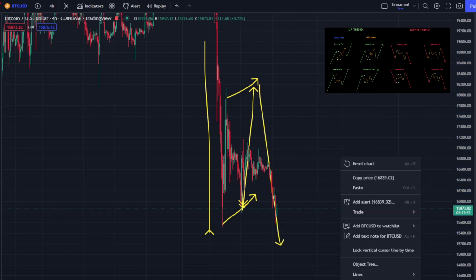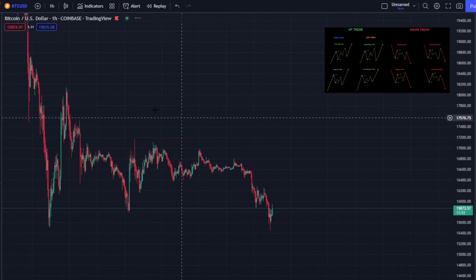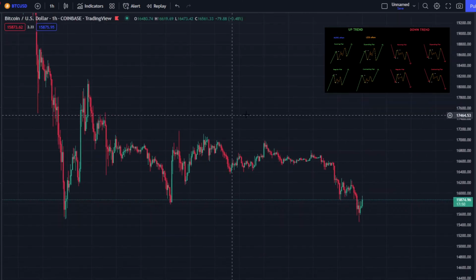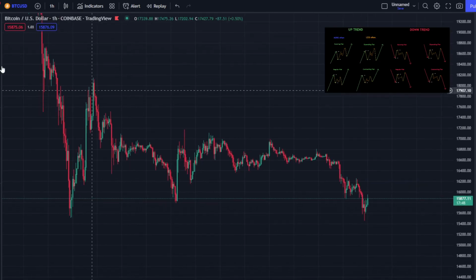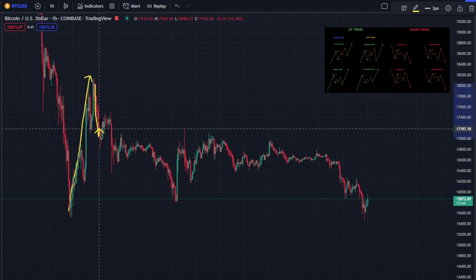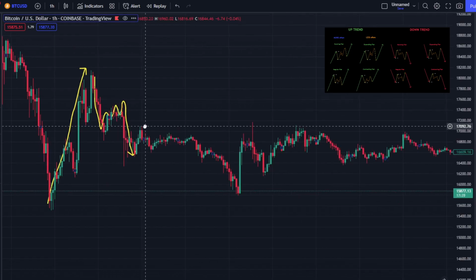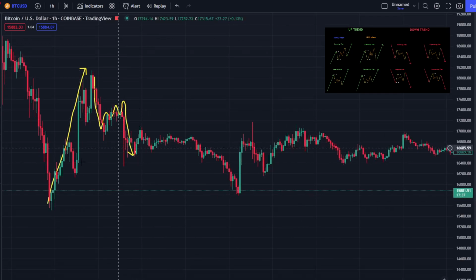So I'll break down that piece, how we were seeing it in the last video. Basically, we had in mind this impulse, and at first we saw this three wave correction, and to us this was a three wave correction for that impulse.